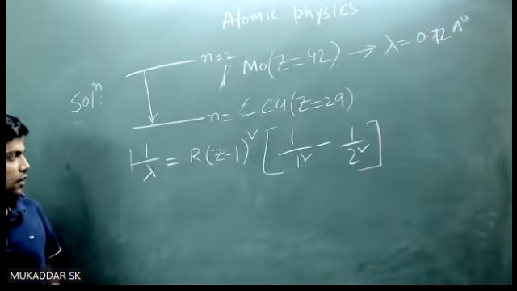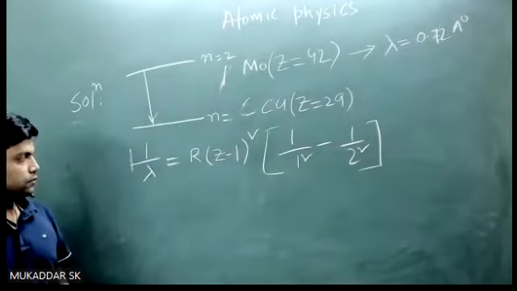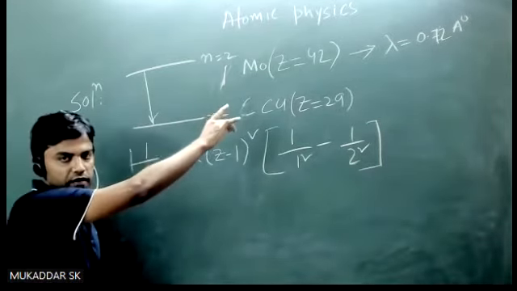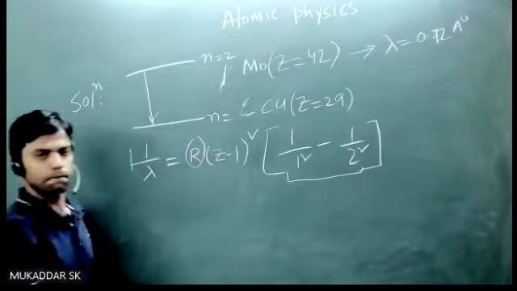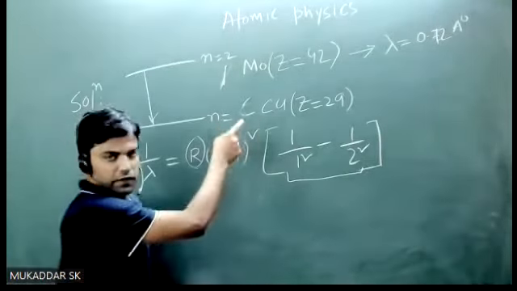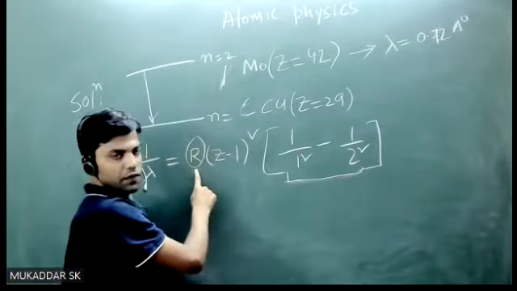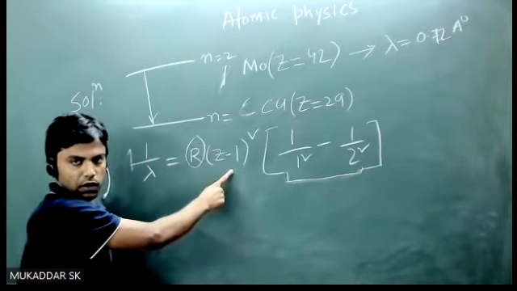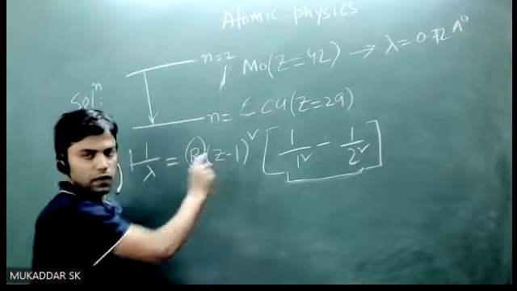Now for molybdenum, the wavelength is given. For both X-rays, that part is constant. This is also constant. For both targets, since it is K alpha, obviously this part will be fixed. R is already fixed. So there is only variation of lambda because of atomic number, and for all K lines I told you that sigma will be 1.